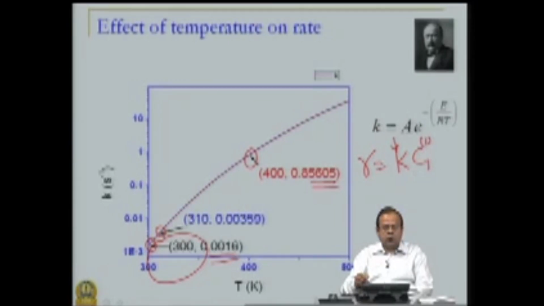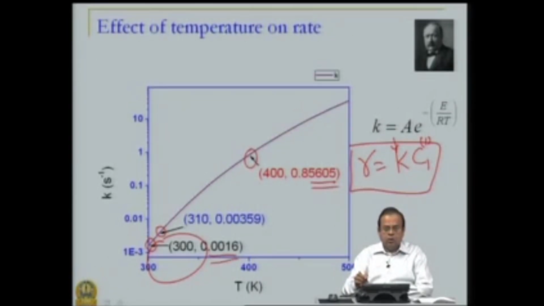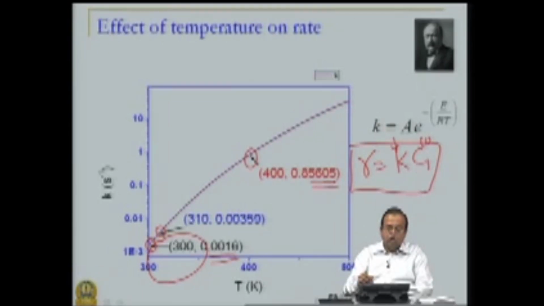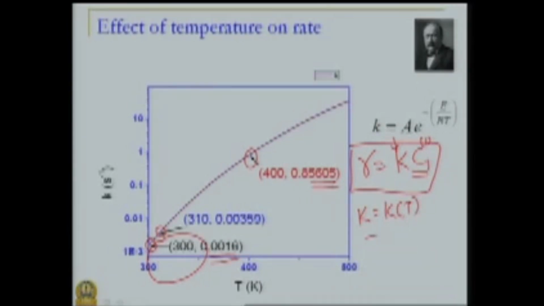So, if we are talking about an adiabatic reactor and let us say an exothermic reaction, then concentrations and temperature are related to each other. So, in other words, even though the kinetics is first order as it appears, there is an indirect influence of concentration on the rate of reaction. Direct influence is through this C1 over here, indirect is because K depends on temperature and temperature is related to concentration.